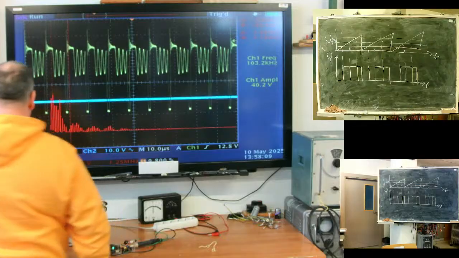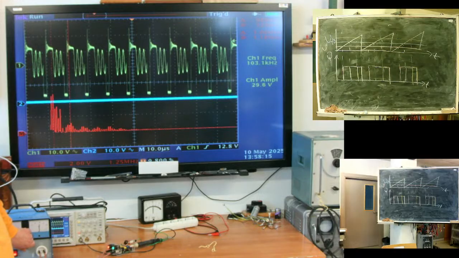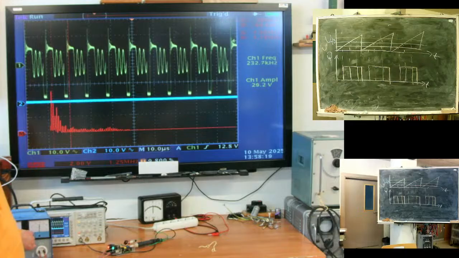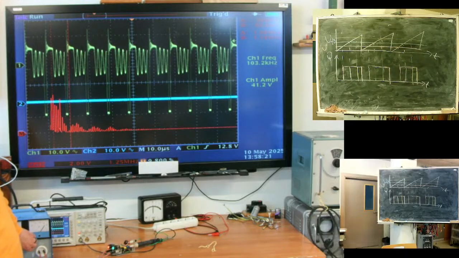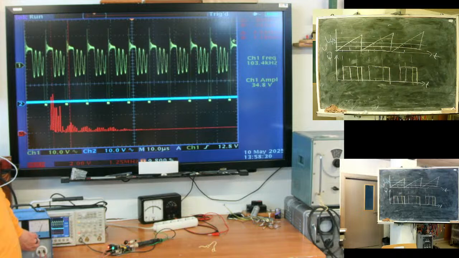I can simulate this with change of primary voltage. Primary voltage 120 volts. I'm increasing voltage to 130. Voltage decreases, voltage increases. Voltage decrease, voltage increase.